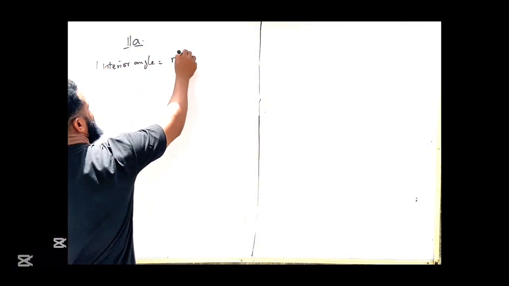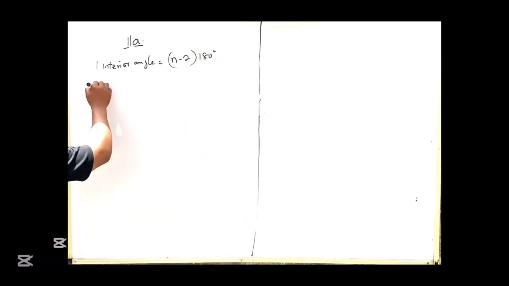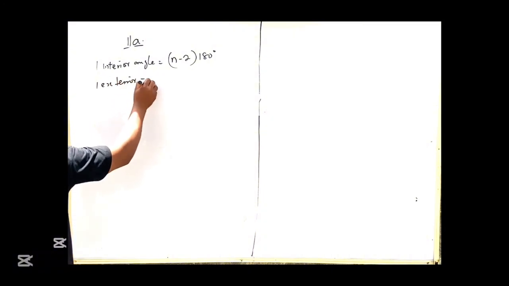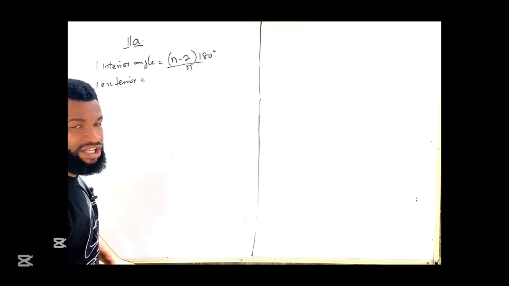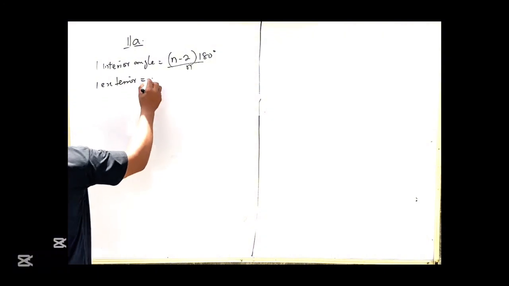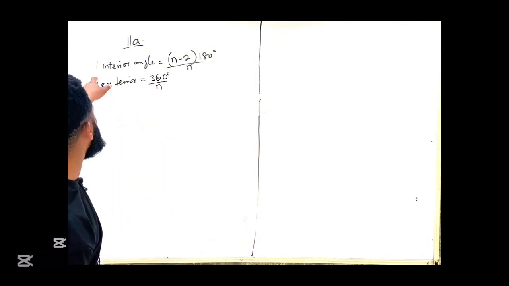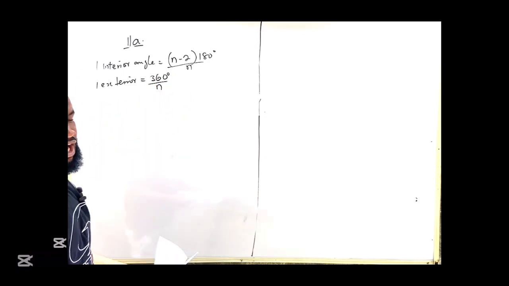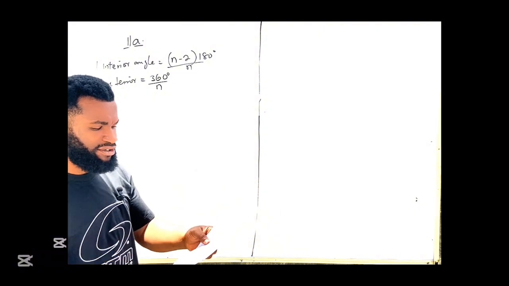So one interior angle is given as n minus 2 all multiplied by 180 degrees, divided by n, the total number of sides. And one exterior angle is given as 360 degrees divided by n. The question is saying that the ratio of an interior angle to an exterior angle is 4:1.